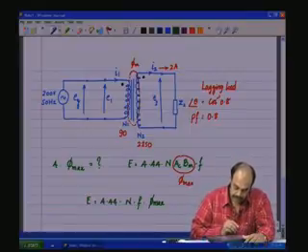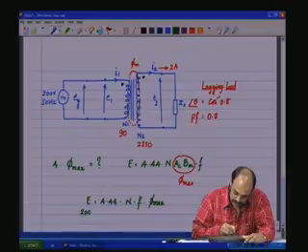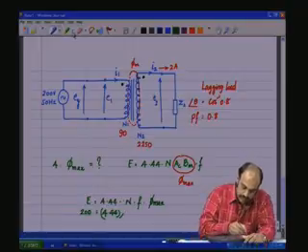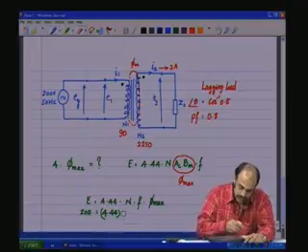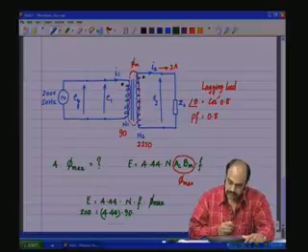Taking the primary side, we have E is 200, 4.44, N is 90 turns on the primary side.